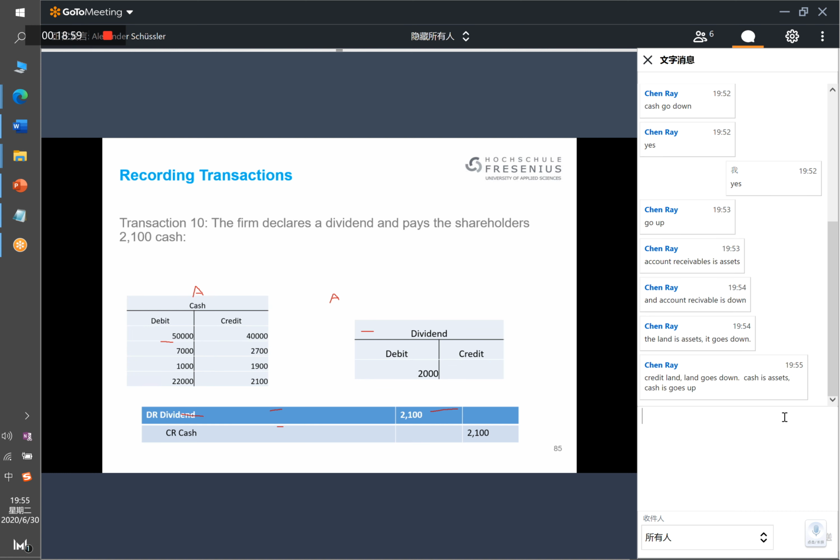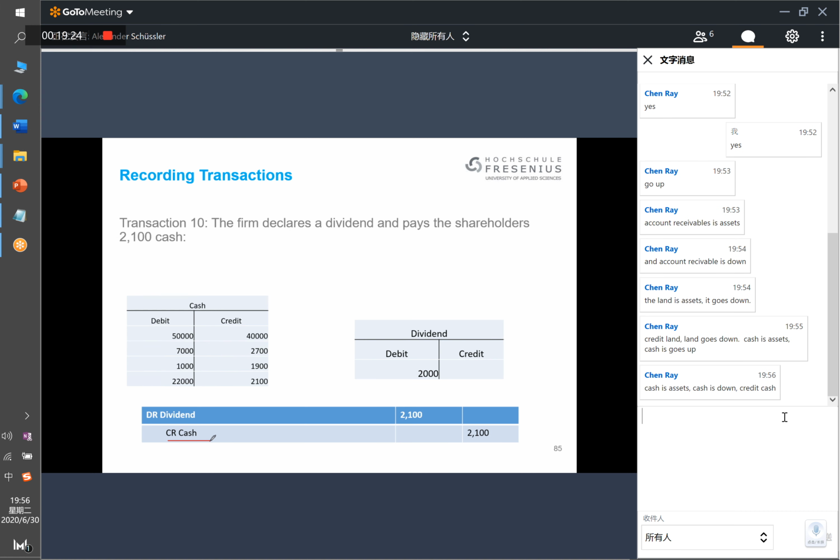The firm declares a dividend and pays the shareholders 2,100 in cash. Which accounts are affected here? Cash. When the company pays cash, it goes down. We credit cash. And we debit dividends.